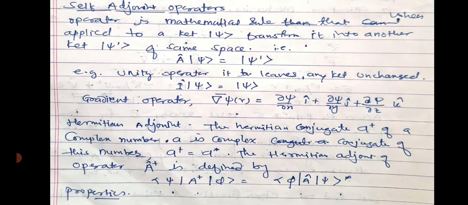In integral form, we have studied this definition in another form in your TYBSc class, that is the integration running from minus infinity to plus infinity of A psi d tau is equal to the integration over the whole space, minus infinity to plus infinity, of psi A, with the star there, d tau. So that is written by this inner product notation.